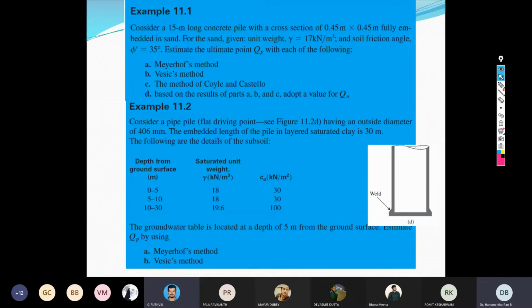QP equals AP Q dash NQ star. Yeah, there's direct formula. And Vesic also we have same. Yes, Vesic also all equations are available.